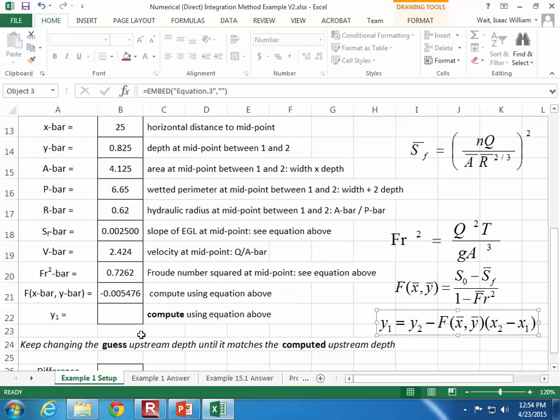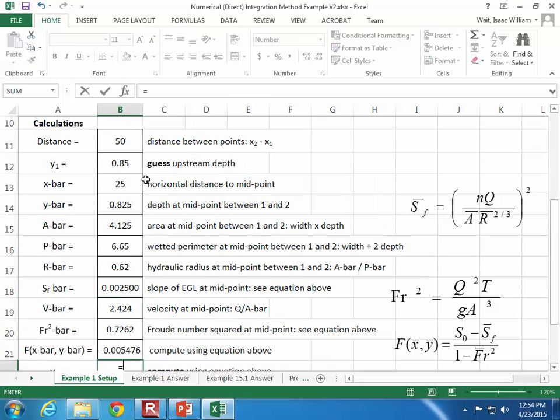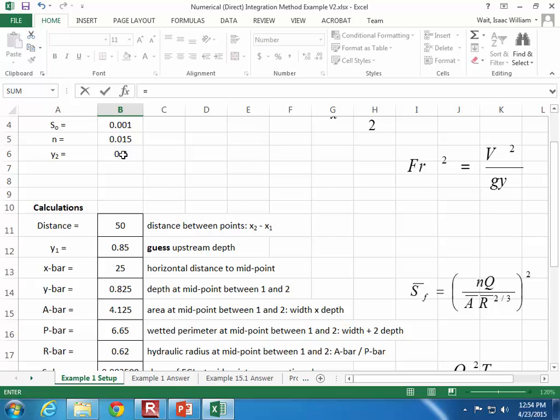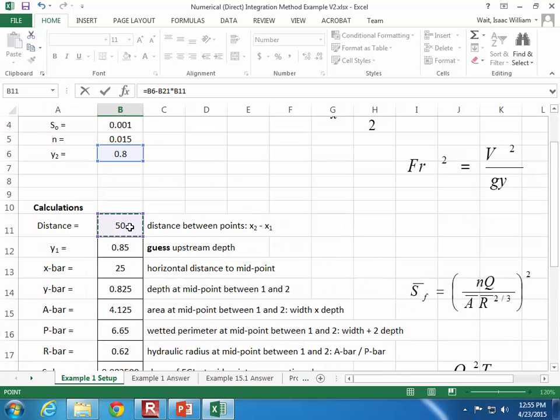I'm going to use this to calculate y1. So it is the y2 that I started with, this known y2, minus this equation times the distance between 1 and 2, the total distance being 50 meters here.